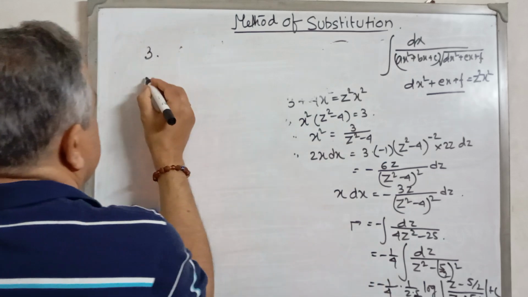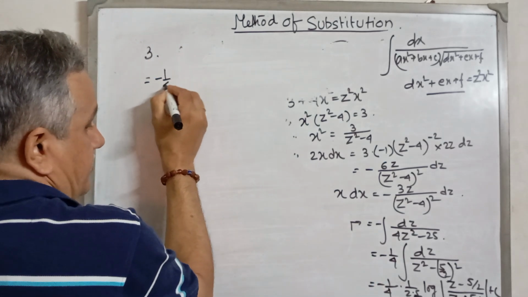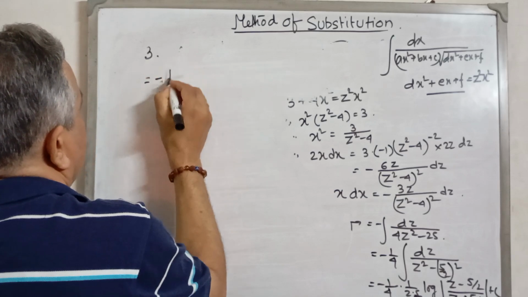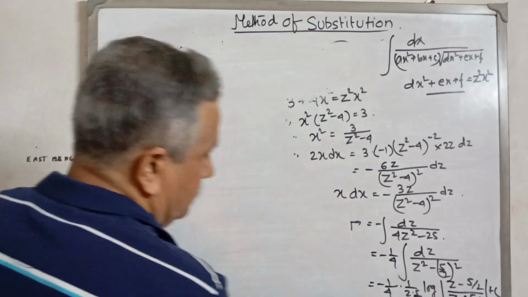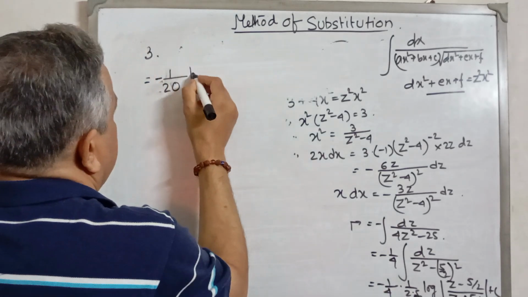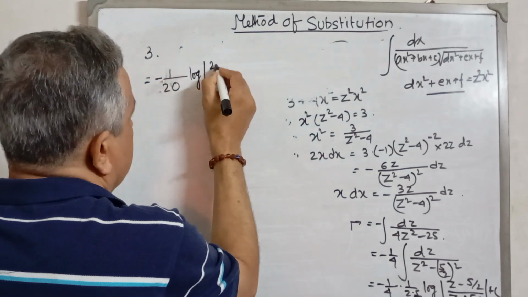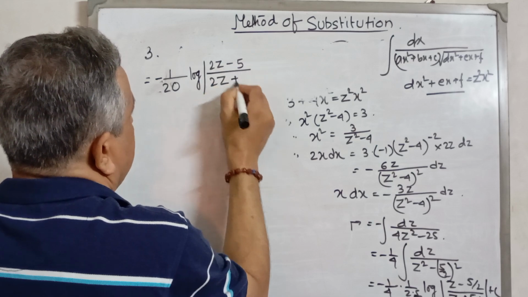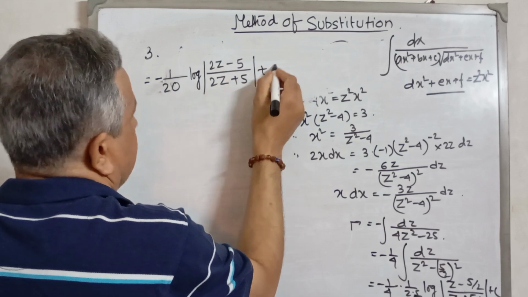Now it becomes minus 1 by, sorry, 1 by 20, 2 cancels, 4 5s are 20, and it becomes log 2z minus 5 by 2z plus 5 plus c.